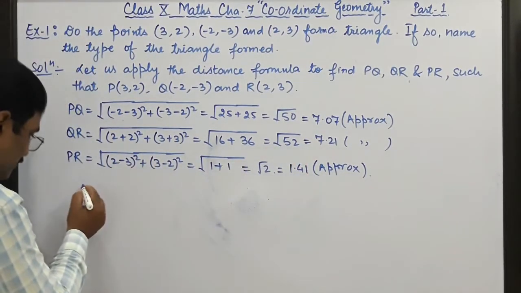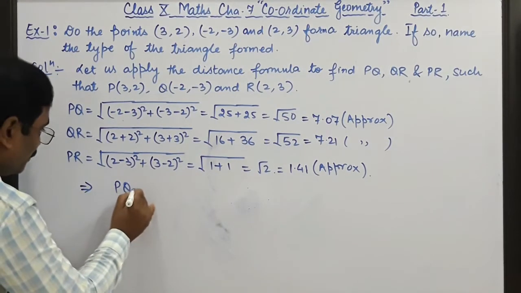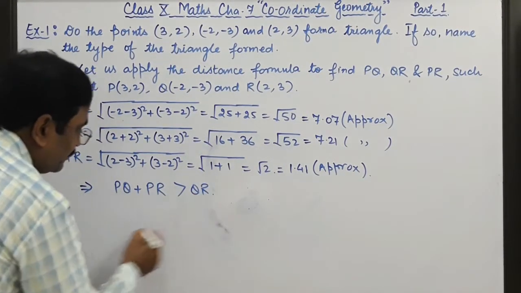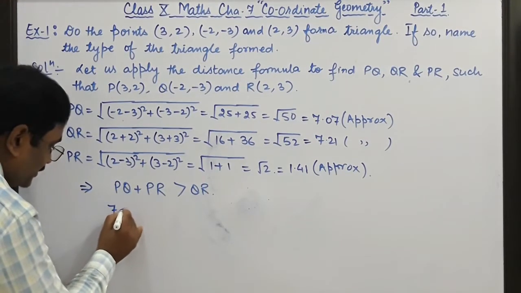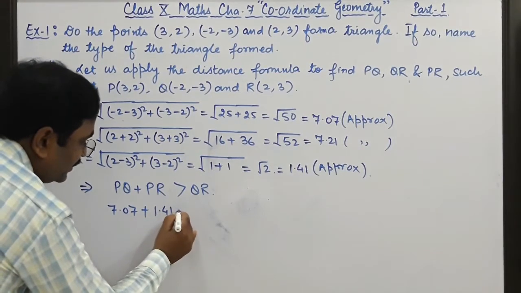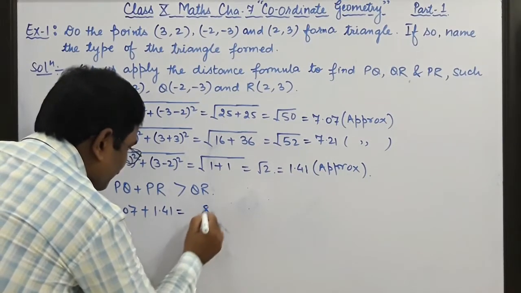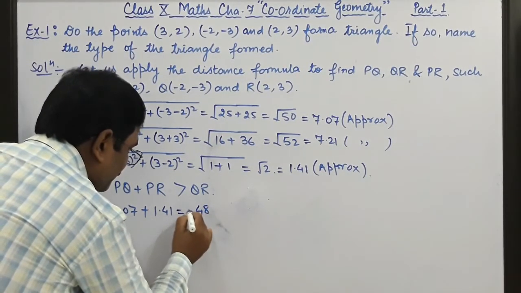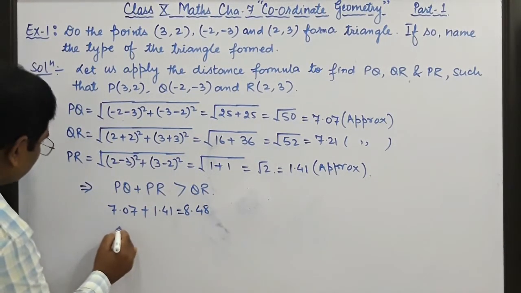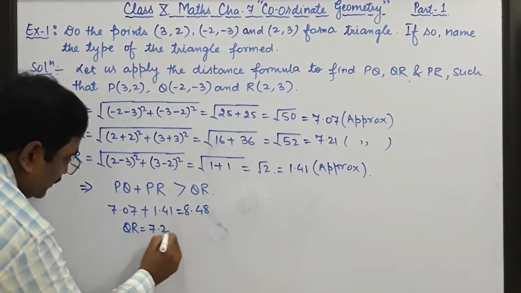So here we observe that PQ plus PR is greater than QR. Means measure of PQ is 7.07 plus PR is 1.41, that is equal to 8.48, and measure of QR is 7.21.